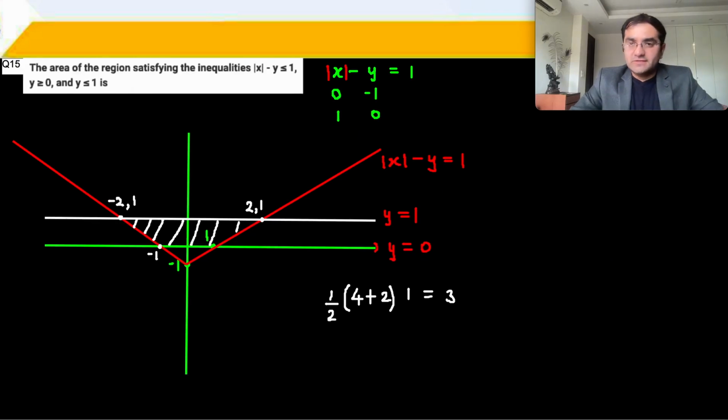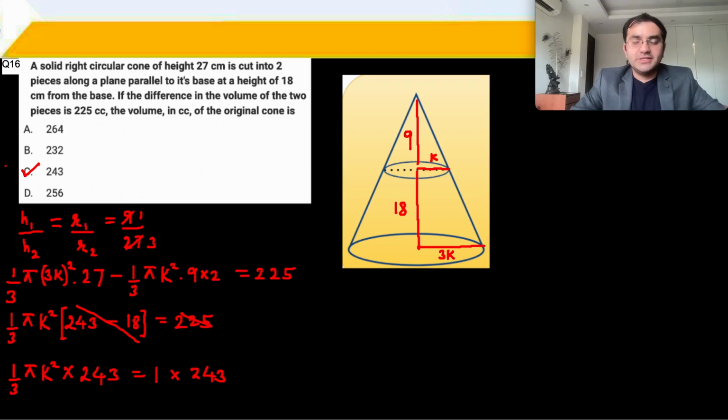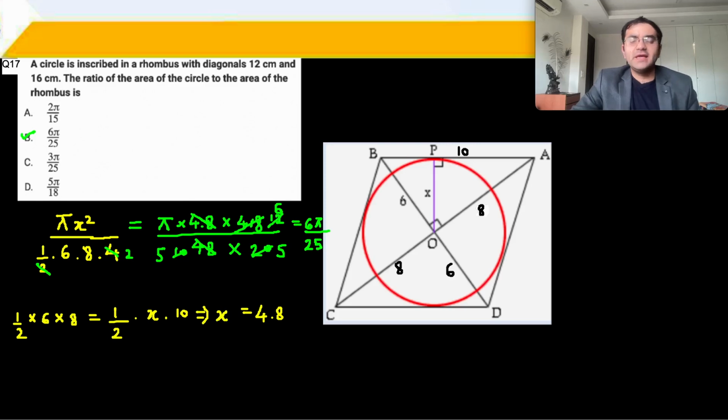15th was a tough question on graphs, because not only did you have to plot the graphs but also mark the regions with respect to the inequalities. 16th was complex because it involved a frustum, similar triangles and volumes. 17th, geometry, was a tough question.